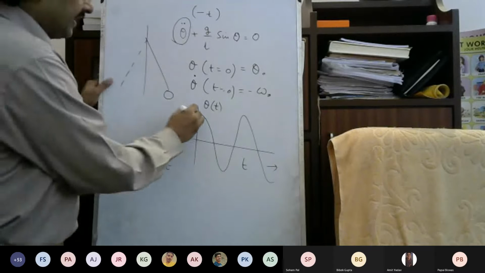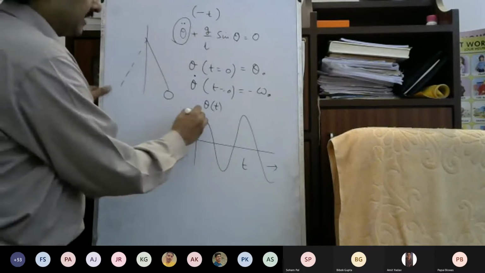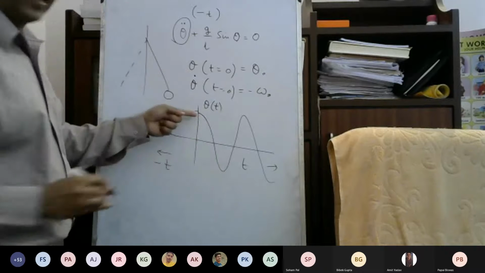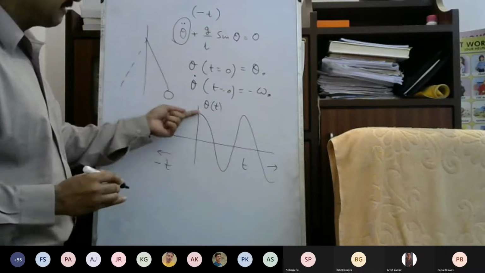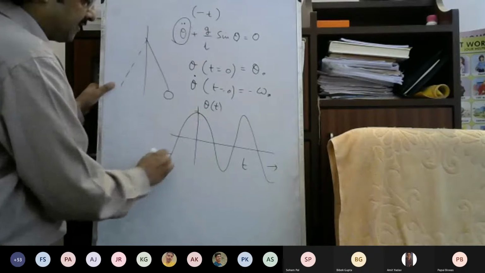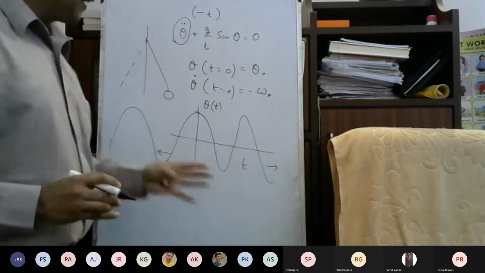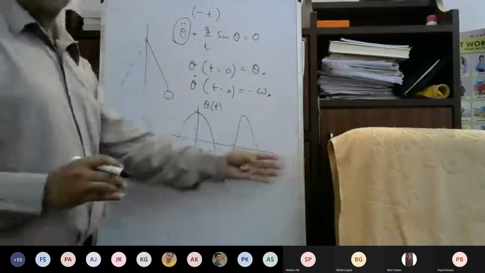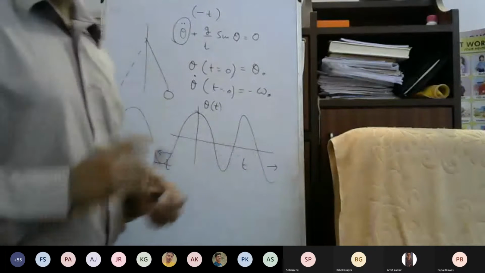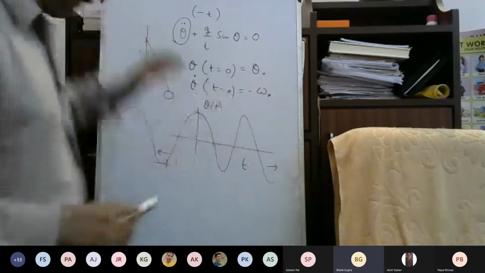For negative t, everything will remain the same. Theta remains the same here. Velocity initially was zero, so in the negative t direction also it will be like that. So it does not matter whether we use the time forward or backward. This kind of time symmetry has some implication.